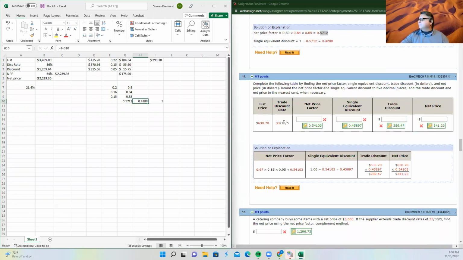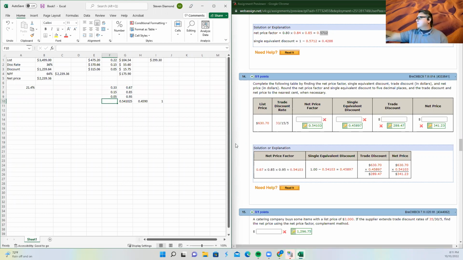So they give you one here, and they give you a list price. So let's look here. They give you a 33, a 15, and a 5. Well, 0.33, 0.15, 0.05. Okay. So that gives us our net price factor of 54.103%. 54.1025. They rounded it off there.